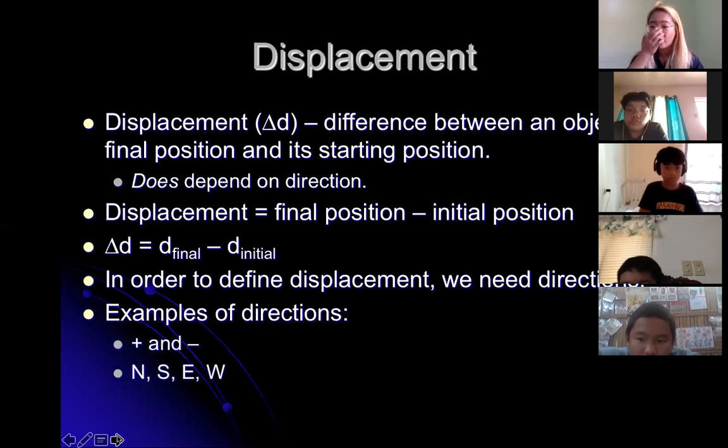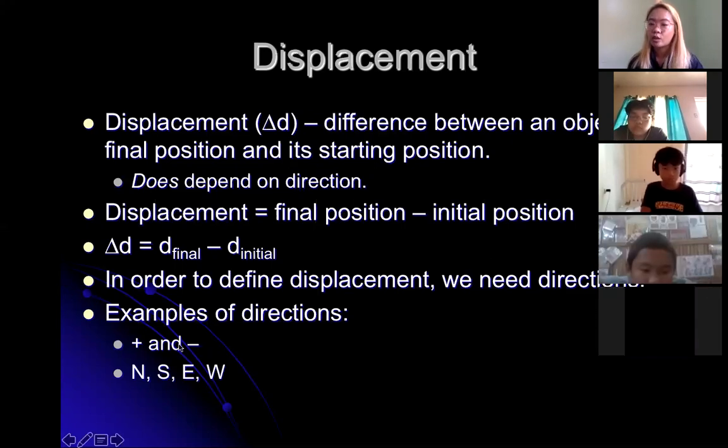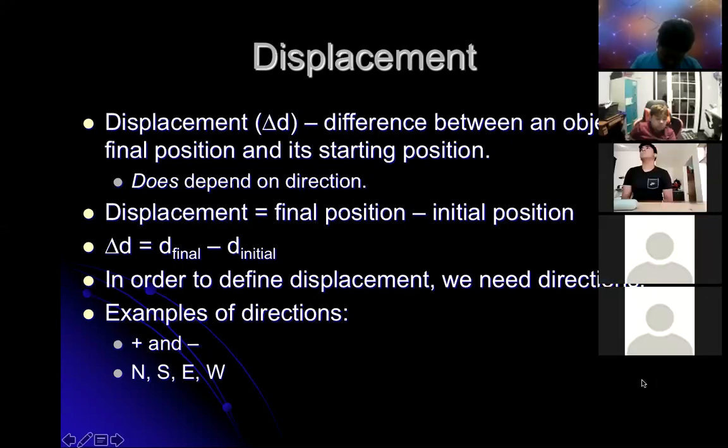So for example, units of direction can be as simple or as general as positive and negative. For example, if the motion is going upwards, then that is a positive direction. If the motion is going downwards, then that is a negative direction.